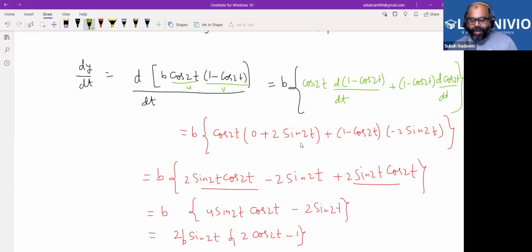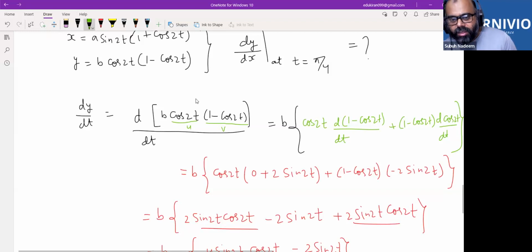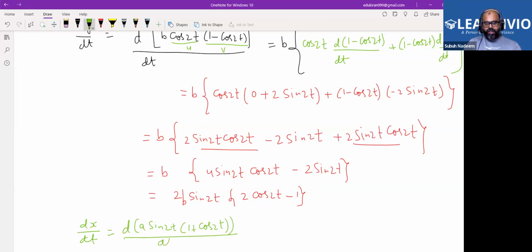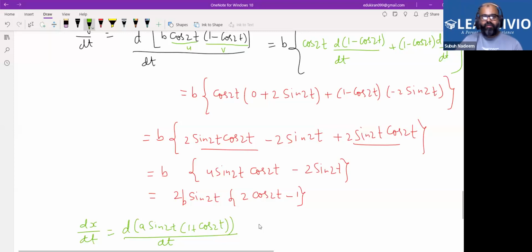Similarly, you have to find dx by dt. So dx by dt I'm not finding. You try this right now, then we'll discuss. X is a sine 2t into 1 plus cos 2t. So you have to differentiate x with respect to t, which is a sine 2t into 1 plus cos 2t, similarly as we did in the above case, and find the result.